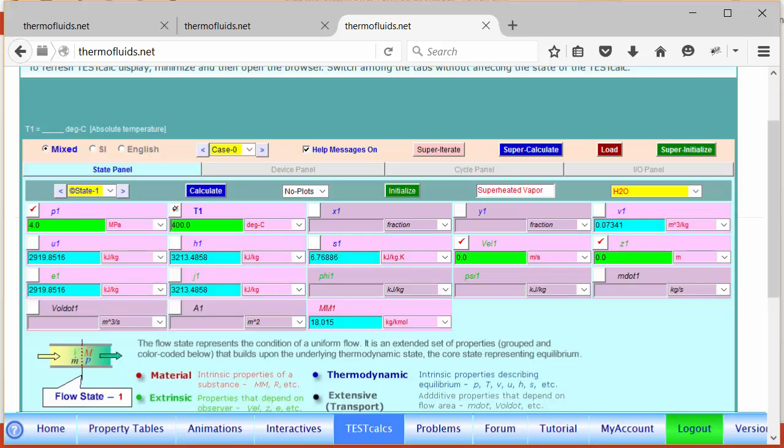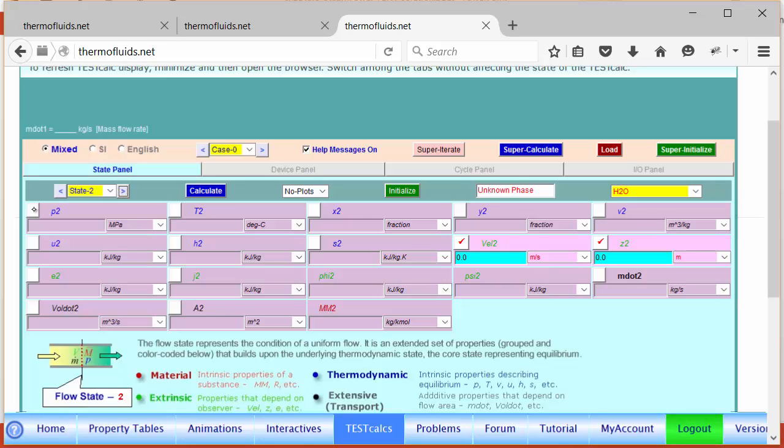And notice the mass flow rate is not supplied. We'll just assume it to be 1 kg per second, and then we can change it to anything else if we need to. So the baseline would be 1 kg per second mass flow rate throughout the cycle. So state 1 is done.